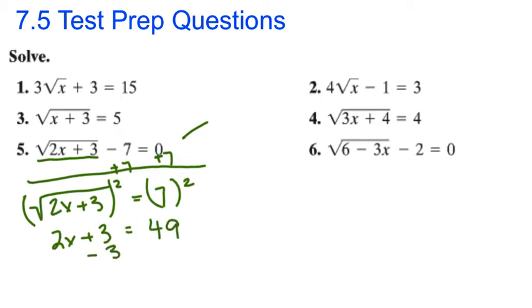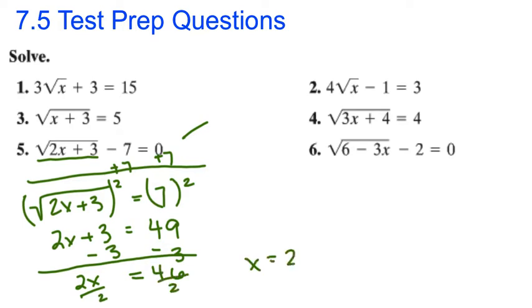Now we subtract 3, and this becomes 2x equals 46. Divide both sides by 2, and x is equal to 23, right?